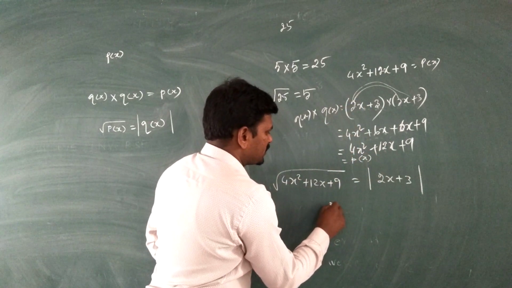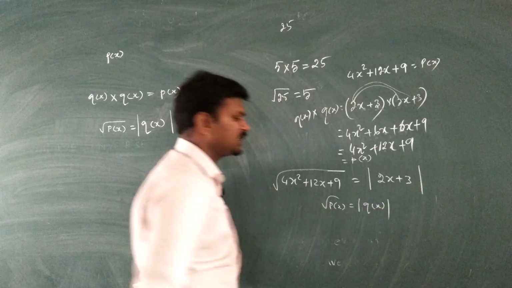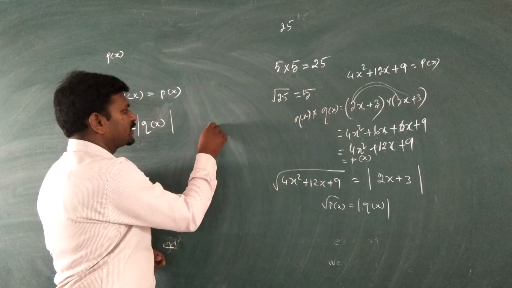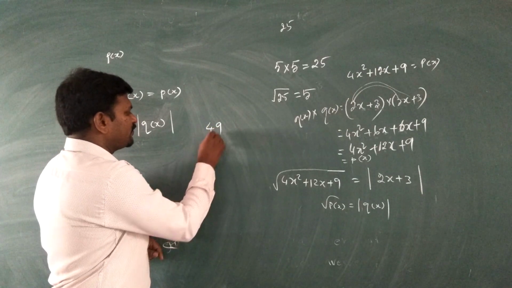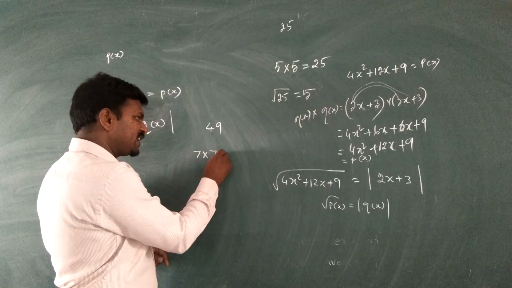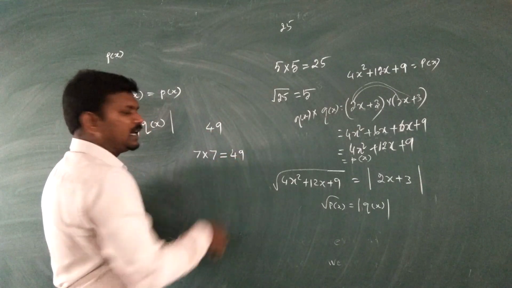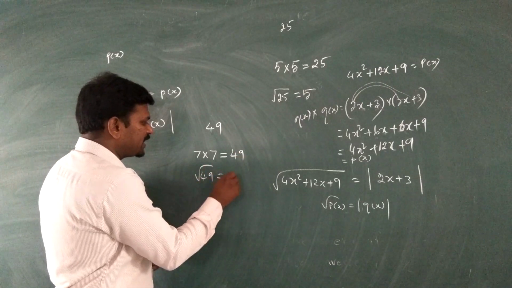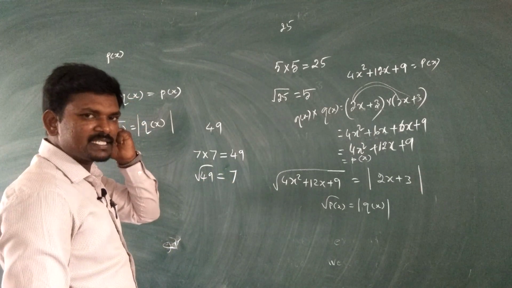So the square root of p of x is equal to q of x. Do you understand? I will do it with one number. 49 is a given number. When we multiply 7 by itself, it gives 49, which means the square root of 49 is 7.